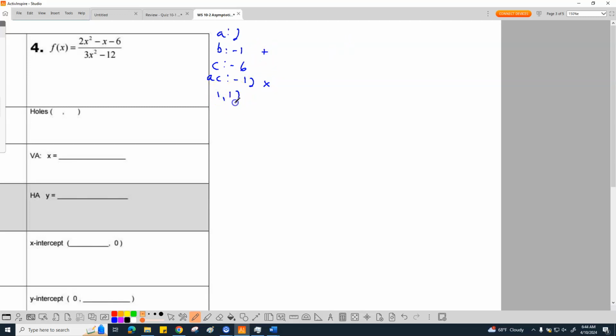So using my factors, 1 and 12, 2 and 6, 3 and 4. The only one I can even see a relationship with is 3 and 4, because 4 minus 3 is 1, but now I have to do the right negative signs. So let's see. This number's negative, and this number's negative, which means one of these has to be negative. And then since this is negative, it means the bigger number needs to be negative. So I have 3 and -4. So my numbers are going to be 3 and -4.